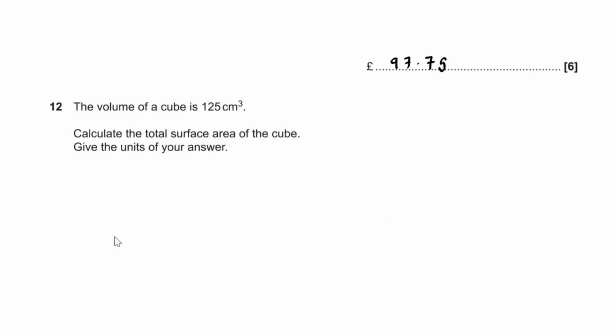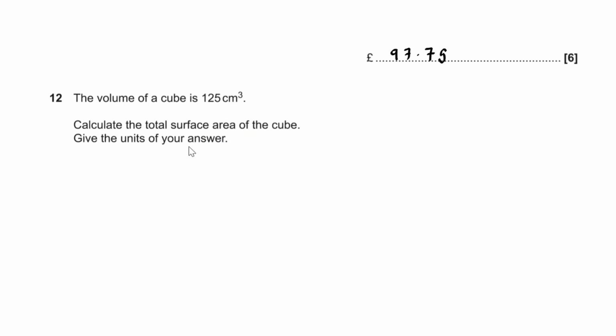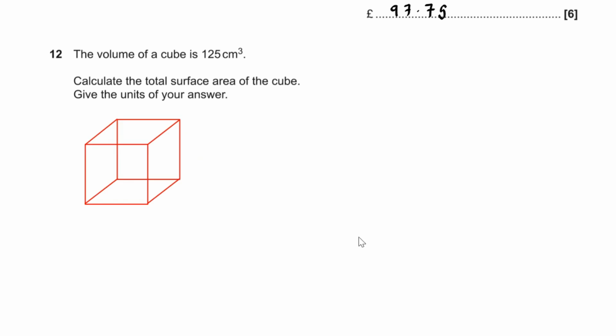Question number 12. The volume of a cube is 125 centimeters cubed. We have to calculate the total surface area of the cube. Give the units of your answer. Well, what you can see here is our cube.